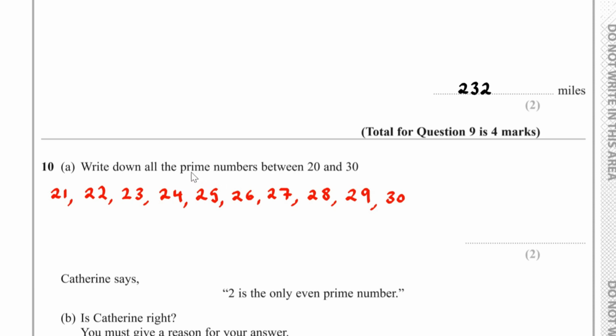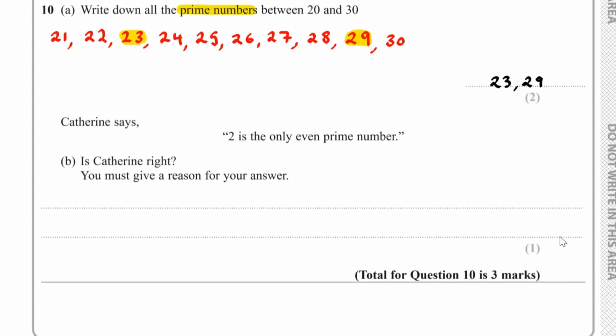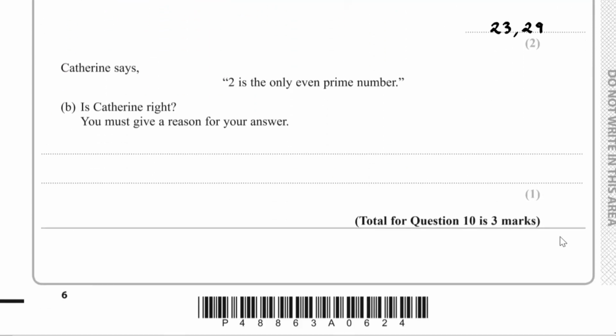And what we want are prime numbers. 23 is prime and 29 is prime. We can't have any even numbers because they can be divided by 2. So the only numbers we could have will be 23 and 29.